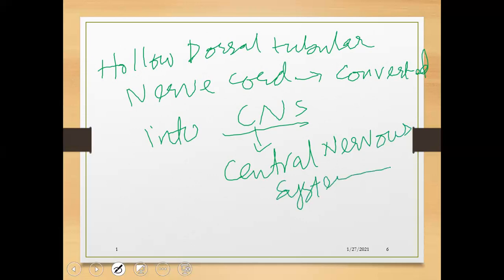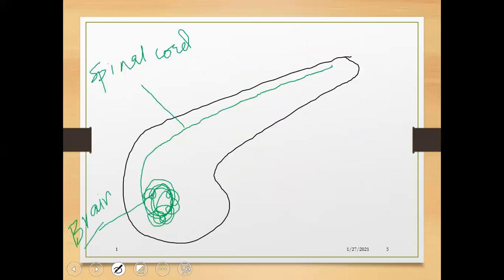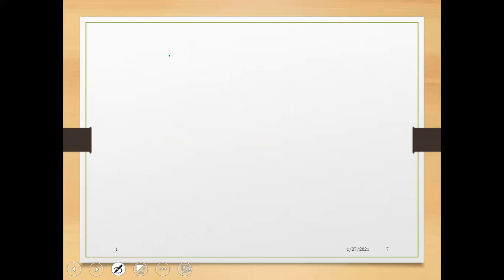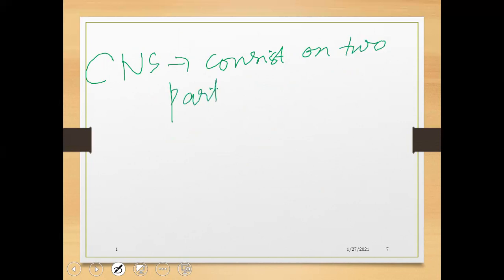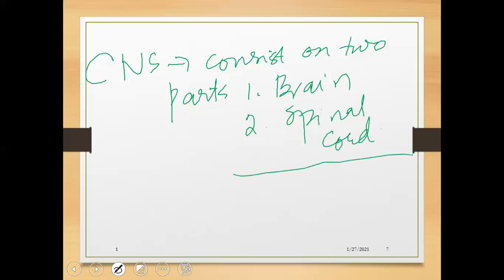The central nervous system of our body consists of two parts. One is the brain and the other is the spinal cord. Brain and spinal cord are the two parts of the CNS that develop from the hollow dorsal tubular nerve cord.